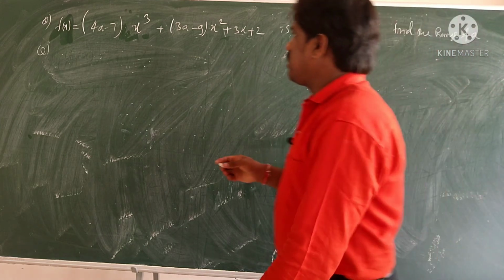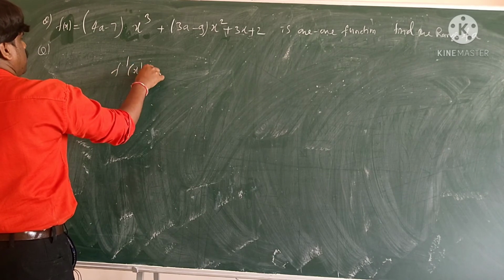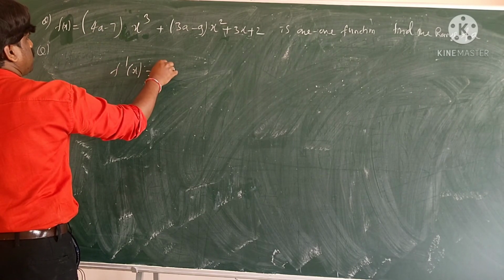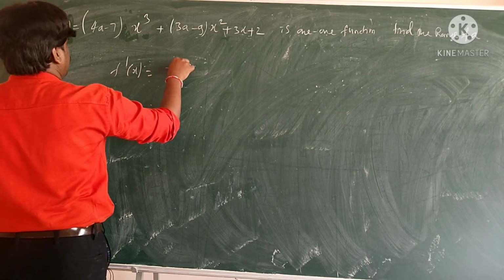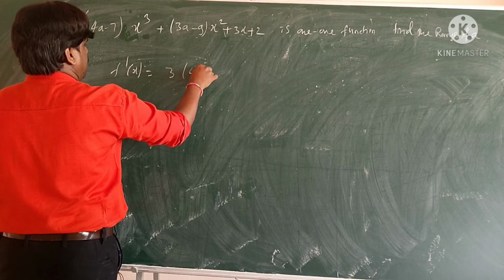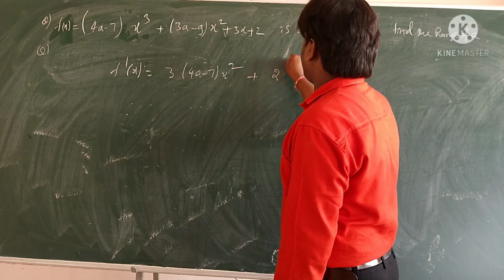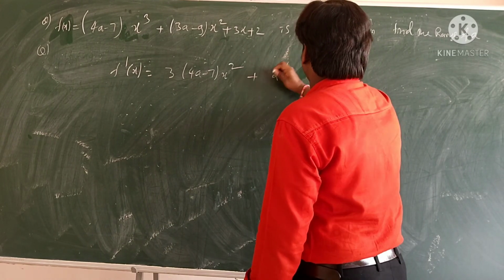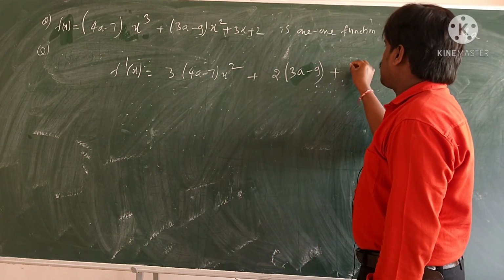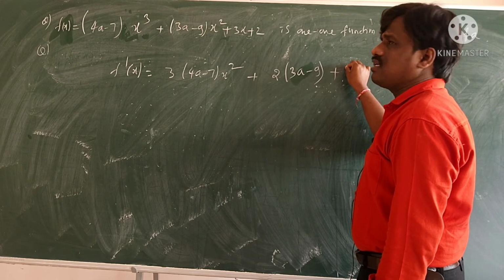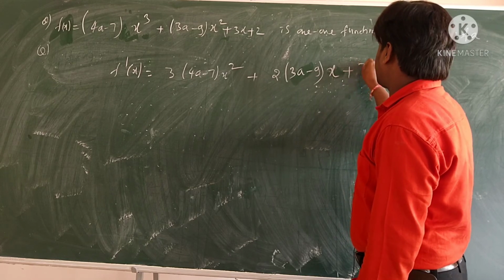So what do you do here? I'll find f dash of x. What is f dash of x here? It will be 3 into (4a minus 7) into x square plus 2 into (3a minus 9) into x plus 3.